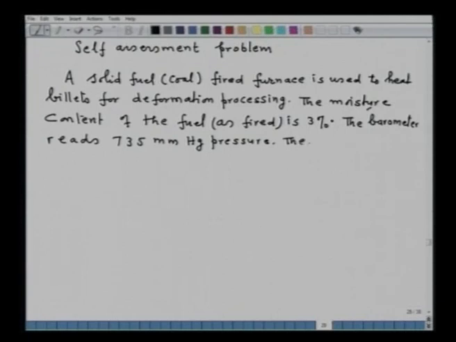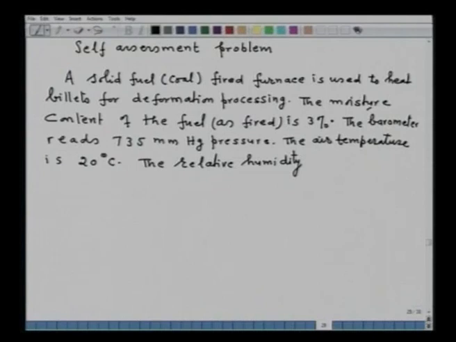The air temperature is 20 degrees Celsius. The relative humidity of air is 45%. Mind you, here air is not dry as compared to the previous problem. Here air is humid and the relative humidity is 45%.